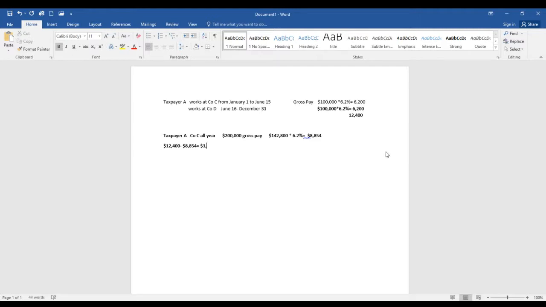And I'll show you where that's at. $3,546 is refunded on the 1040. So you have to be careful of that when you're working on your taxpayers, especially if they have multiple jobs, and their multiple jobs cause their gross salary to be above that 142,800 or whatever the limit is for that year. Any excess they paid because of multiple employers is refunded to them.